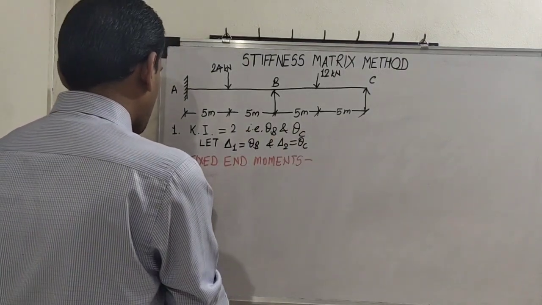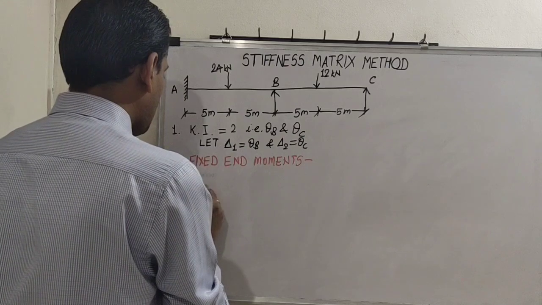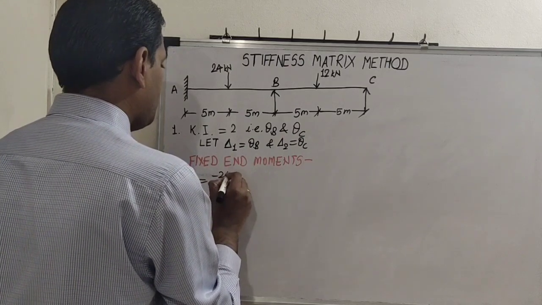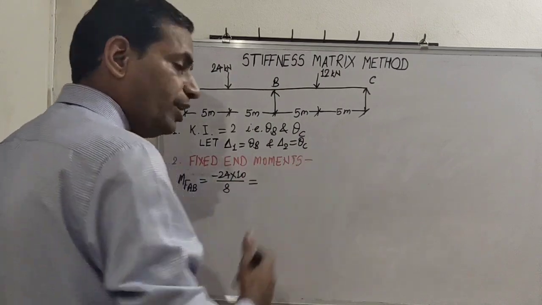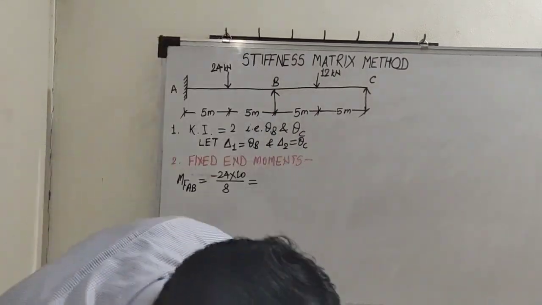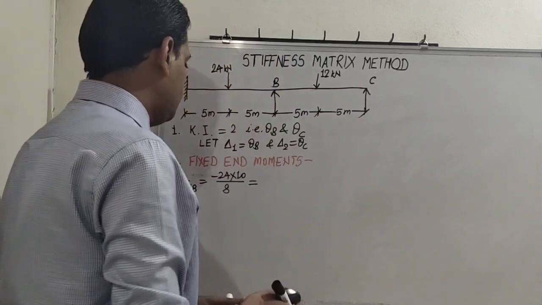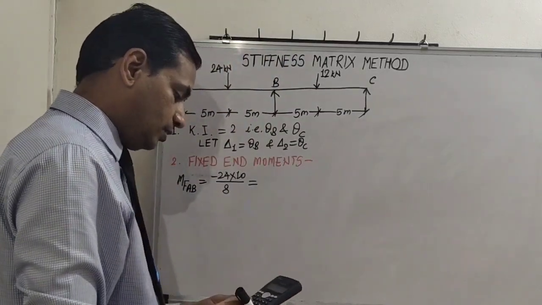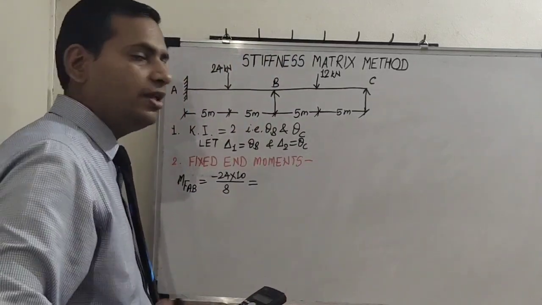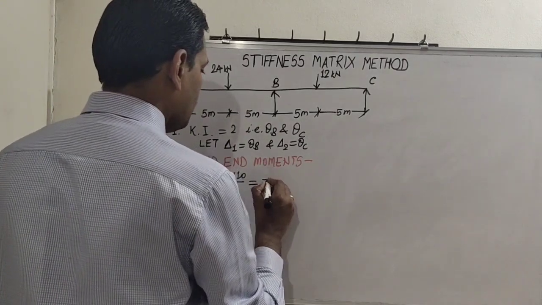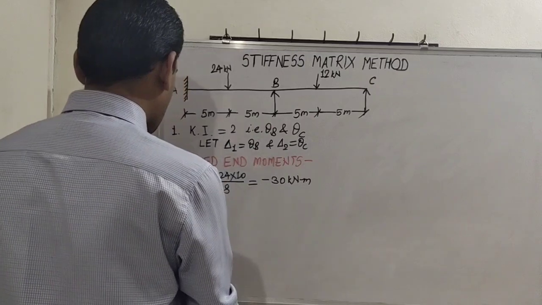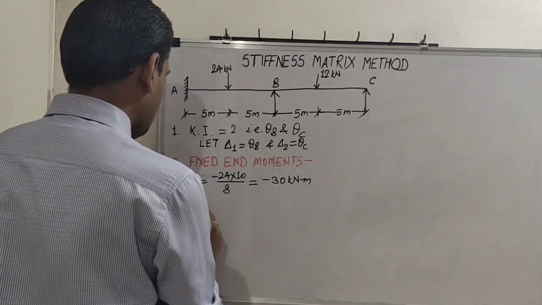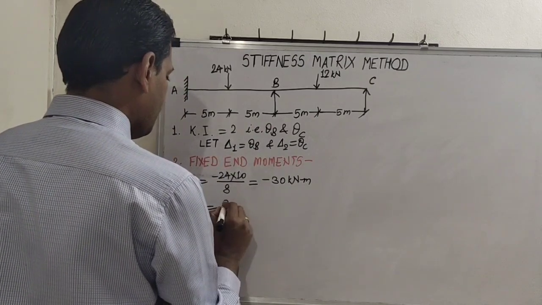So MFAB is minus WL by 8. So it is minus 24 into 10 upon 8. So let us calculate this value. So it is minus 30 kilonewton meter. Then MFBA, it is plus 30.